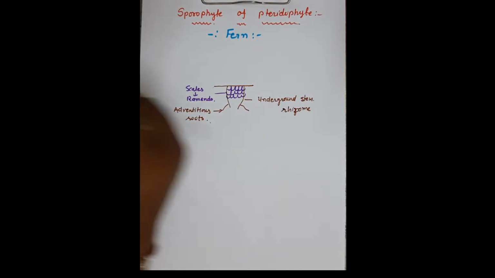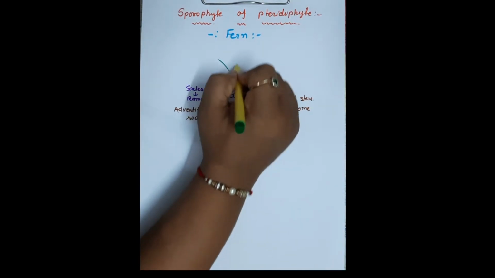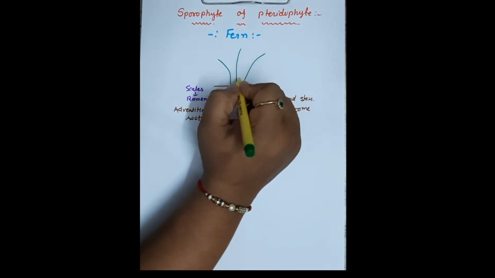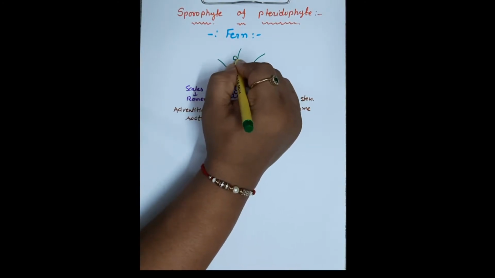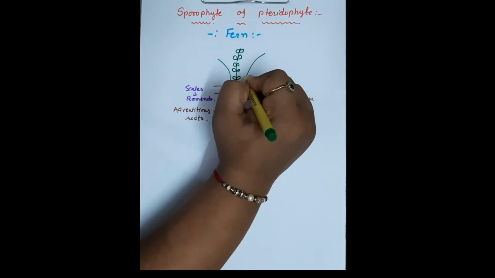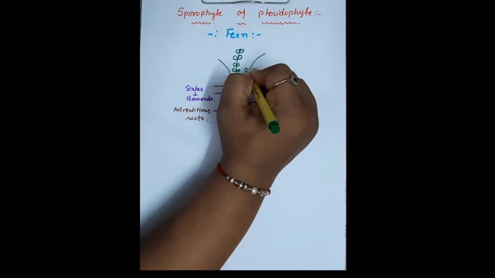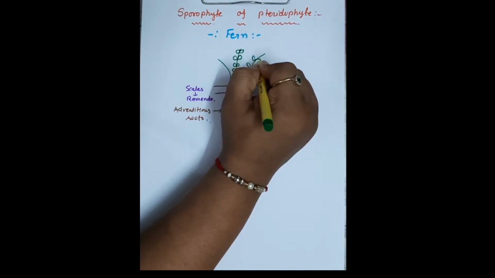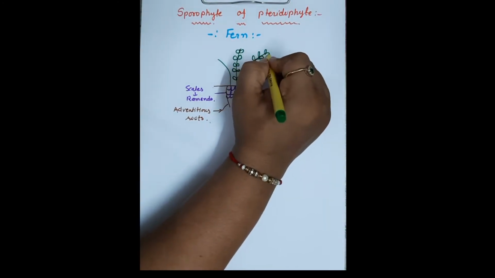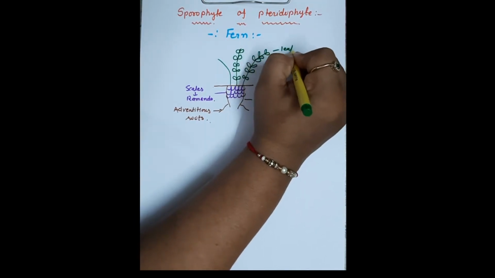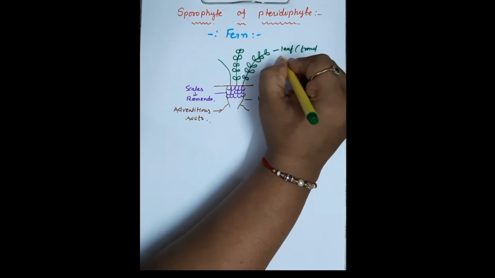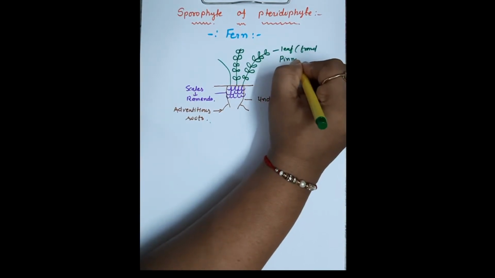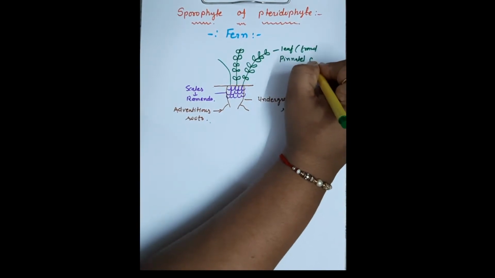And above ground, these are structures. So this is actually a leaf, which is known as a frond, but it is pinnately arranged.